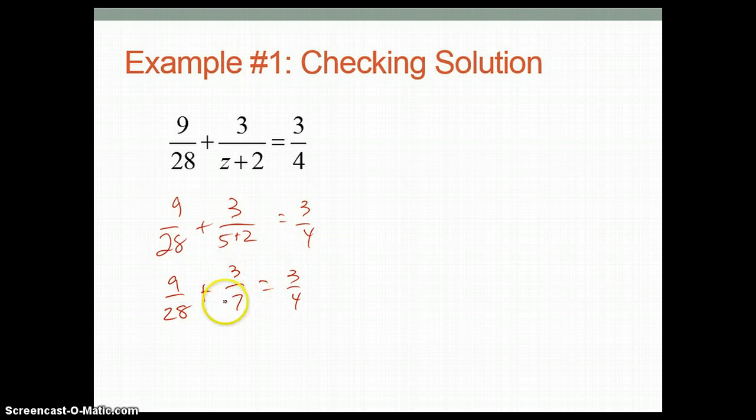If I scale this portion up, I could rewrite it as 12 over 28, making those equivalent fractions, and I'd end up with 21 over 28 is equal to 3/4. And if I divide both of these by 7, then I can see that 3/4 does in fact equal 3/4. So our check step is just plugging that original value back in to ensure that it makes a true statement.